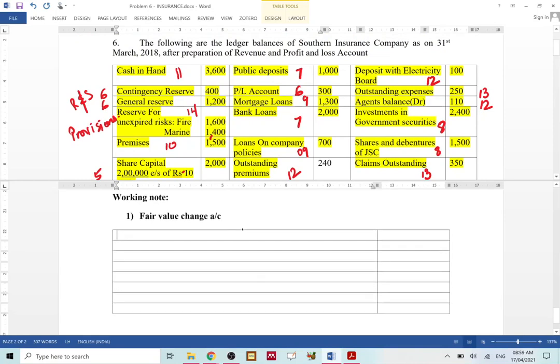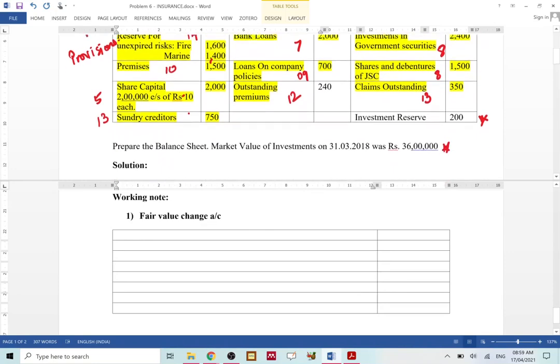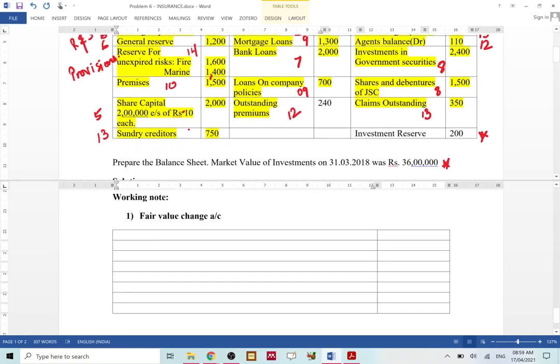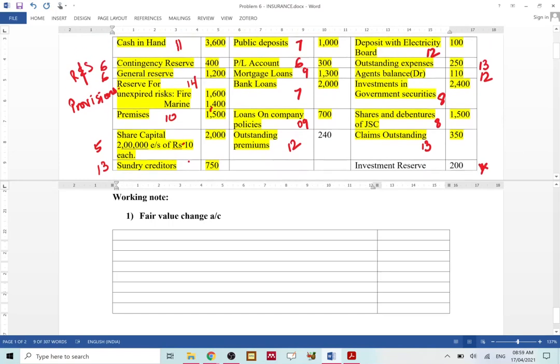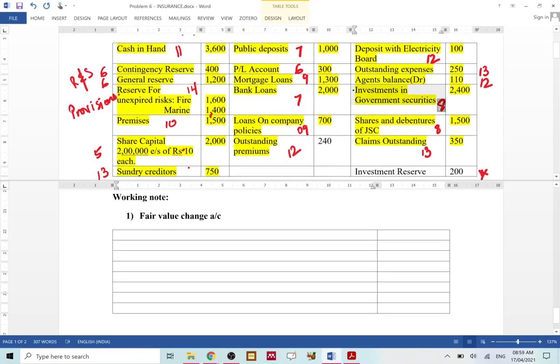Like I said, we have been given the market value of the investment at the end of the year, and we've also been told the types of investment and the book value of those investments as it shows in our balance sheet. This is what we have been maintaining as per our books of accounts.